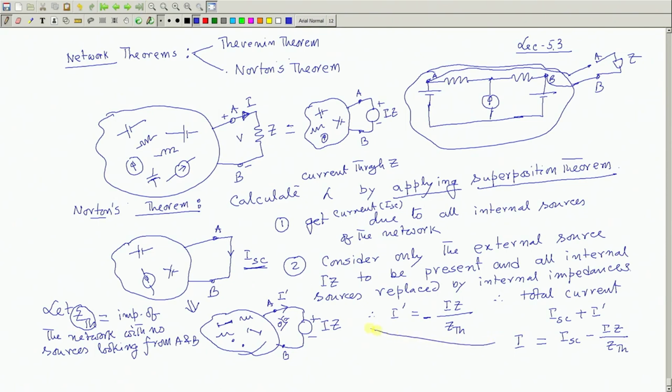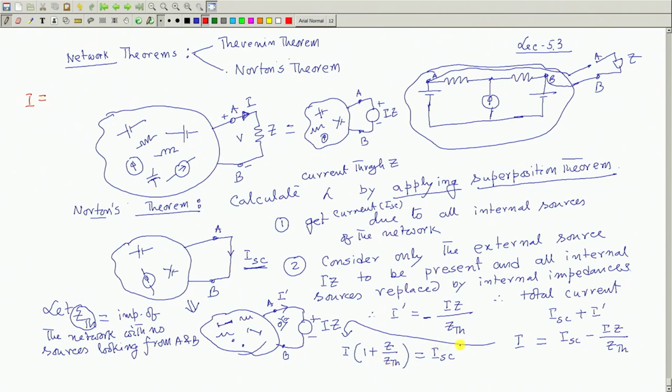Therefore, from this I can say that I into 1 plus Z by Z Thevenin's, bring this to this side, is equal to I S C. Or I will say that here I write with this red color, therefore, I will be equal to I from this equation.